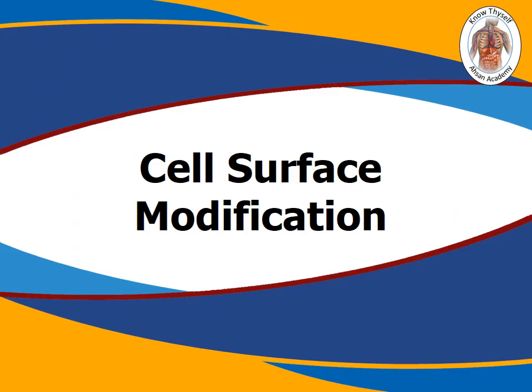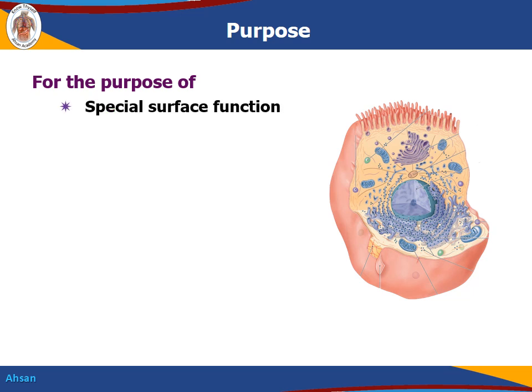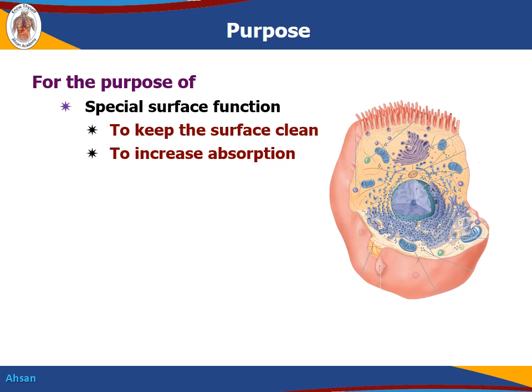Let us discuss the cell surface modifications. The specialized cell surface modifications are there to achieve some purpose. These specialized cell surface functions are to keep the surface of the cell clean, to increase the absorptive area in the case of absorptive cells, and in some cases these specialized processes help the cell to move forward.